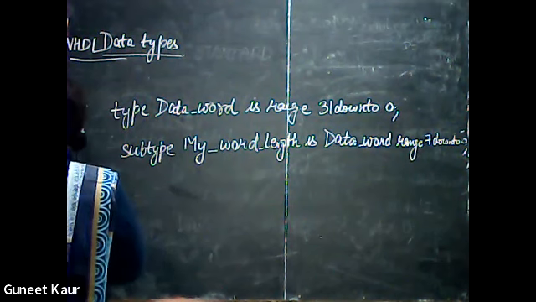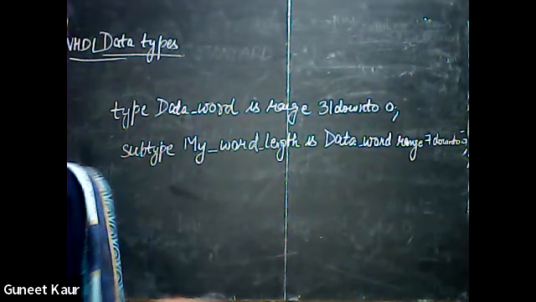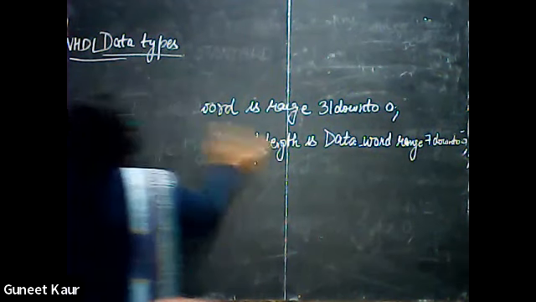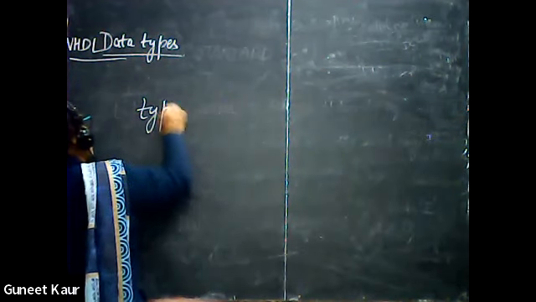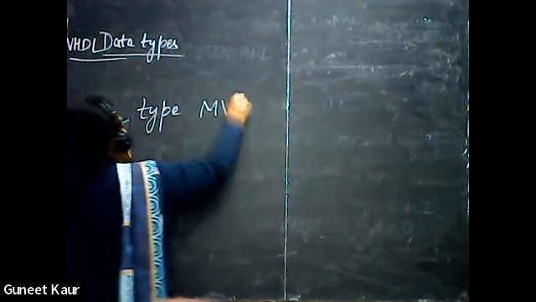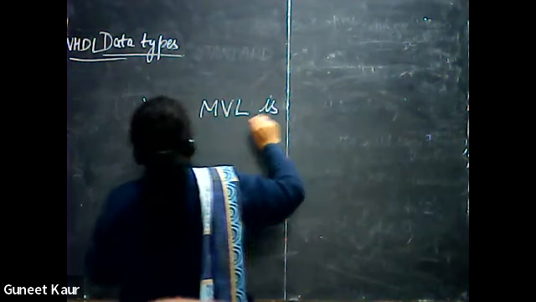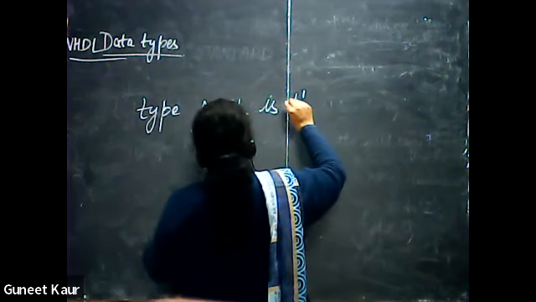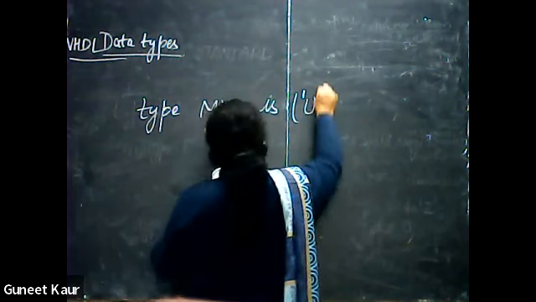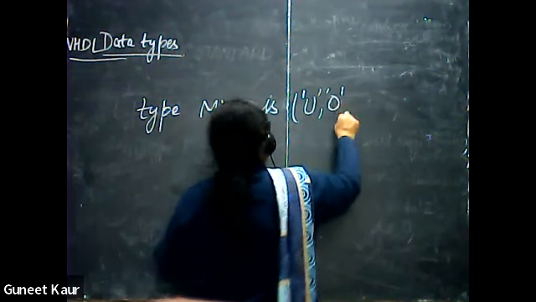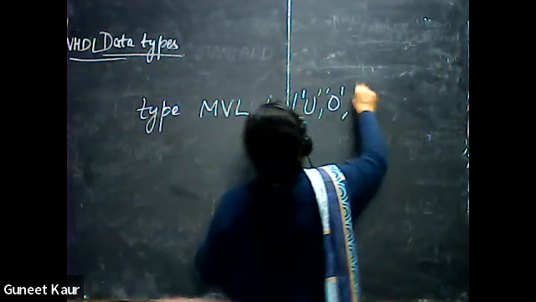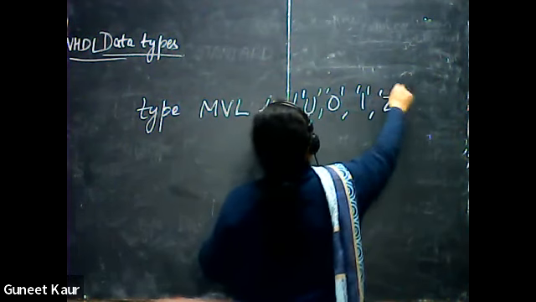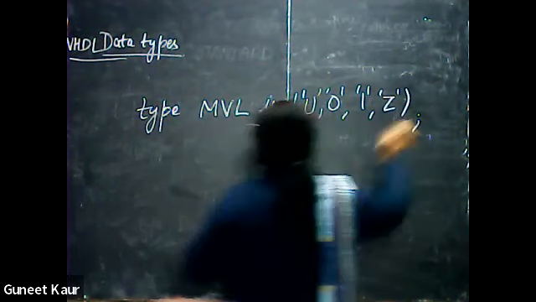So next example is type MVL. The main type is here, type MVL is, starting with U, 0, 1, Z semicolon.